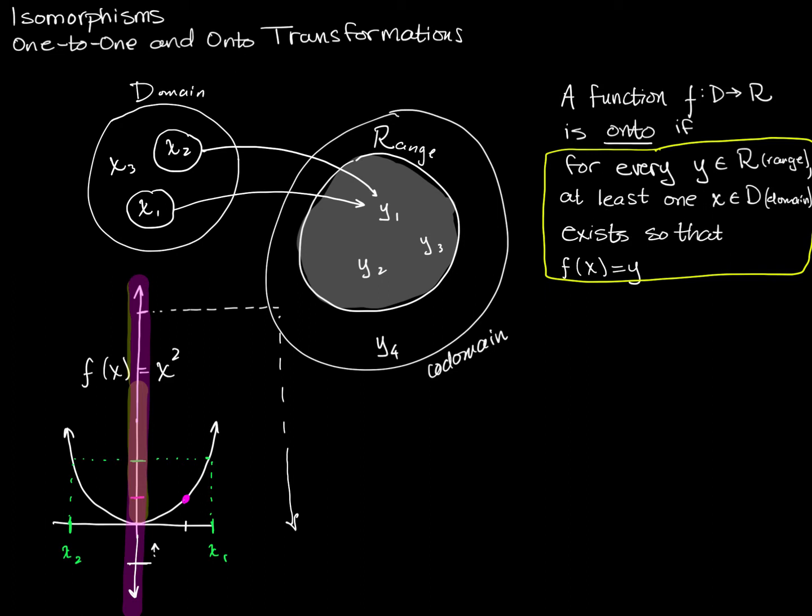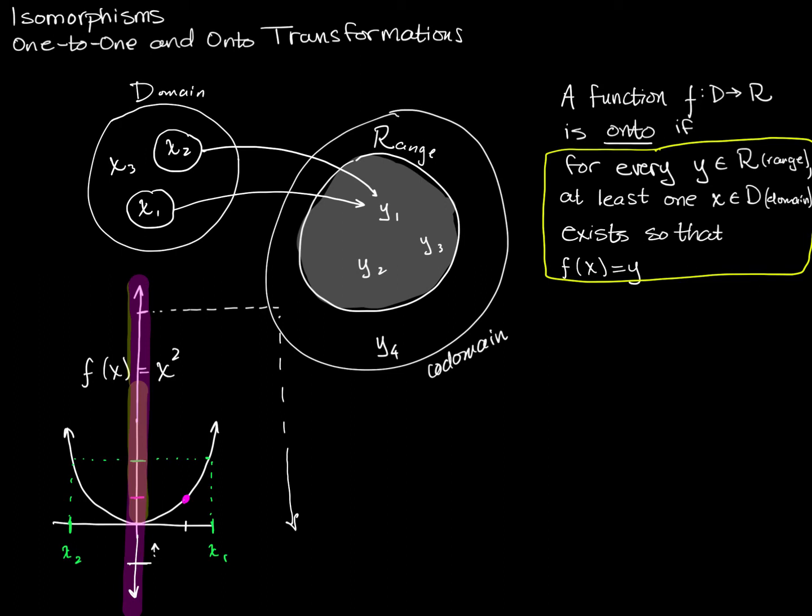Let's check this statement for this function. Every y in R has at least one x so that f of x equals y. If this is my y, what is the x that maps to that? There isn't one. So this condition is not met, and so the function is not onto. So in part, it's going to be imperative that we check how we're defining our range. We have to know what the range is in order to determine whether a function is onto.